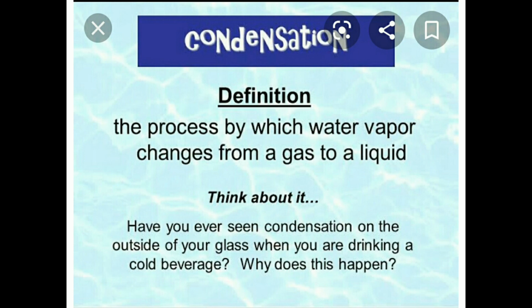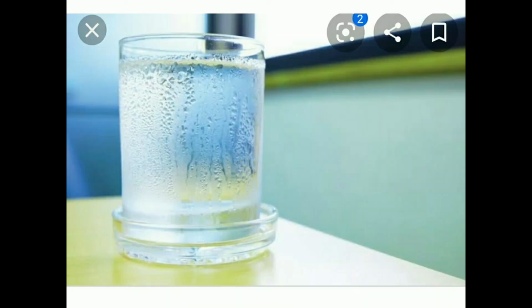Look at this picture, you can see a glass of chilled water. When we pour a cool drink into a glass in the summer season, what will happen? Because of the coolness, we can see water droplets on the outside of the glass. This is nothing but condensation, the changing of gas to liquid form.